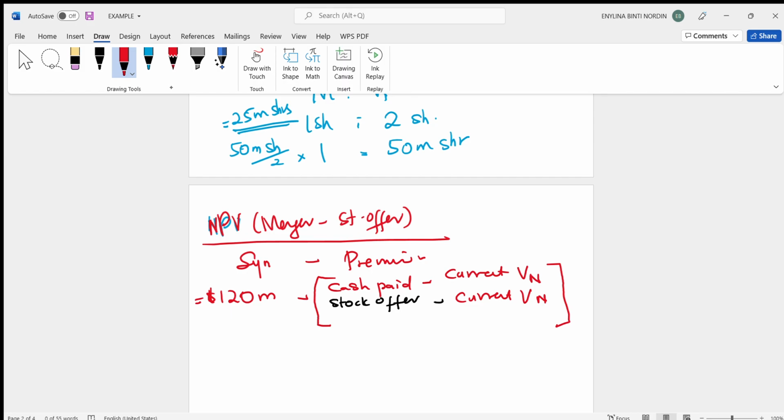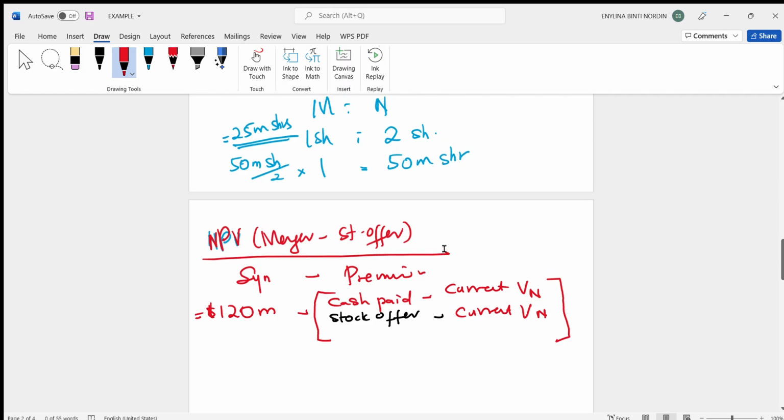How many stocks are to be offered by M Berhad to N? We already calculated that: 50 million shares.